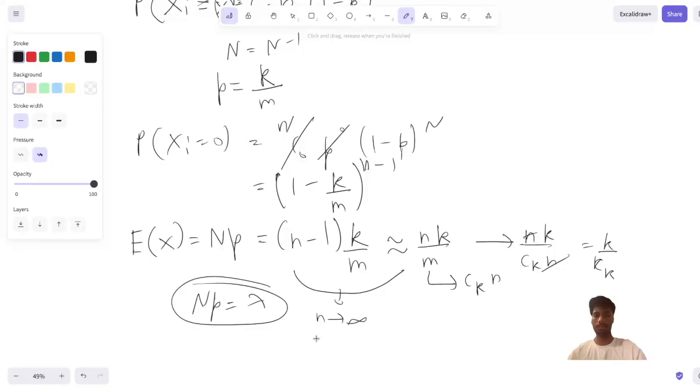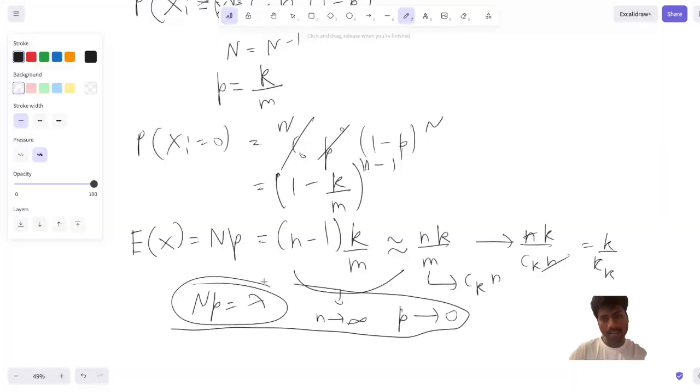We want p to be 0. If we add up these three conditions, then our binomial distribution tends to a Poisson distribution.